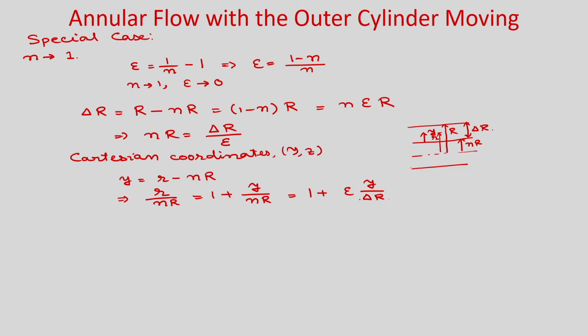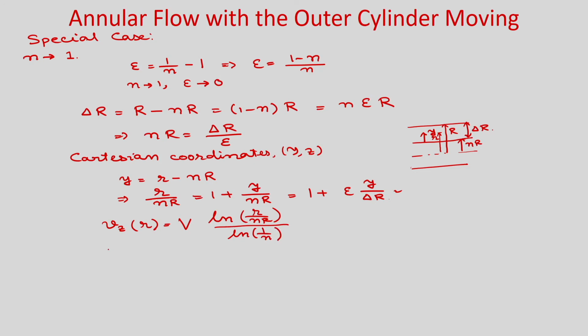Okay. So, now you substitute this expression for r by nr in the velocity distribution. So, what is your velocity distribution? Vz we have is v into ln r by nr divided by ln 1 by n.